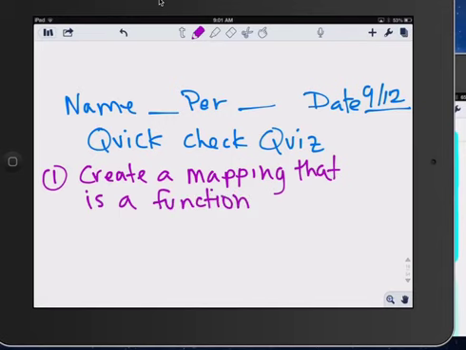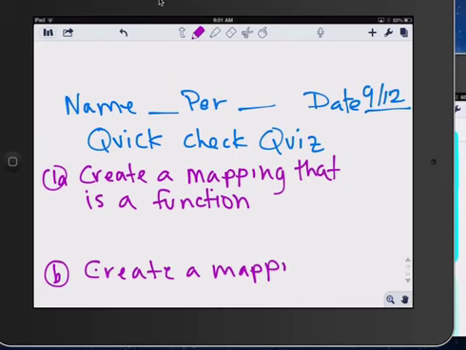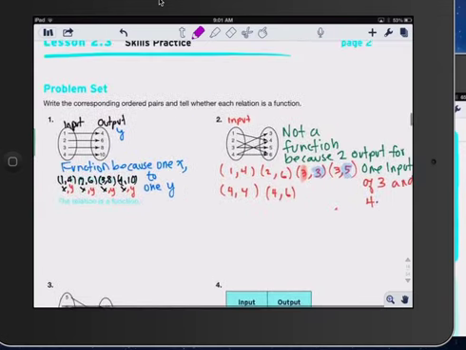Do you know what a function mapping looks like? Create one that's a function. Create a mapping that's not a function. Use 1 and 2 to help you.